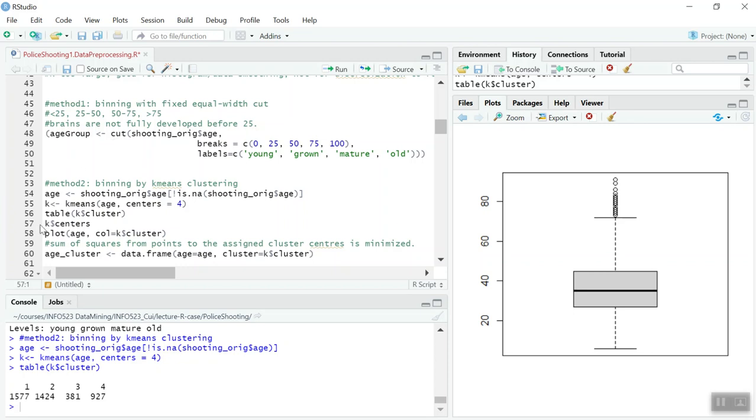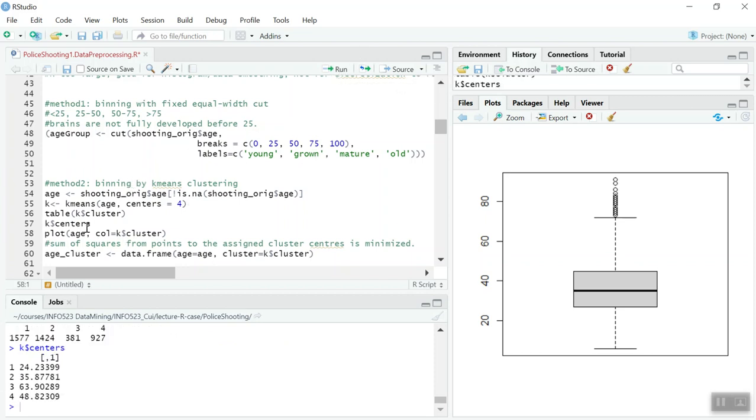We first calculated how many observations each of the 4 clusters contains, and now we can find the center of each cluster by using the $ sign centers. So we can see the first group has a center of 24, and the second center is 35. The third center is 63, and the fourth center is 48.